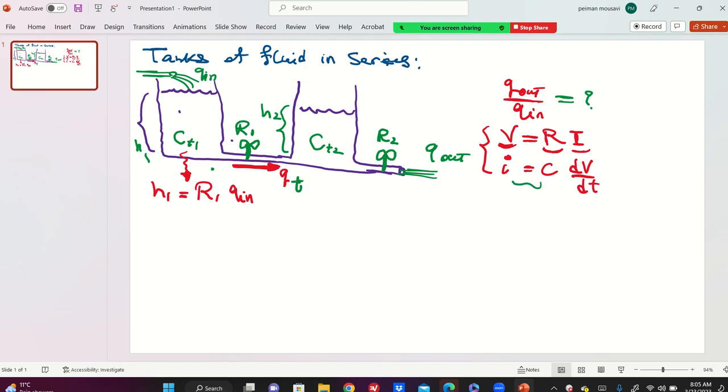So now I'm applying this. Qn minus Qt equals C tank 1 dH1 over dt. This is for the first tank.